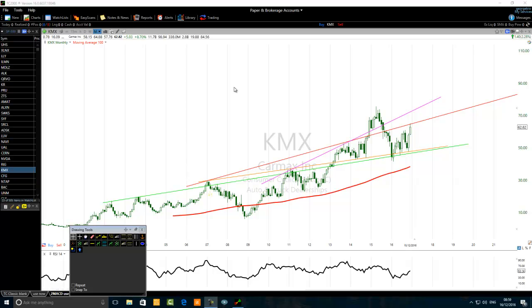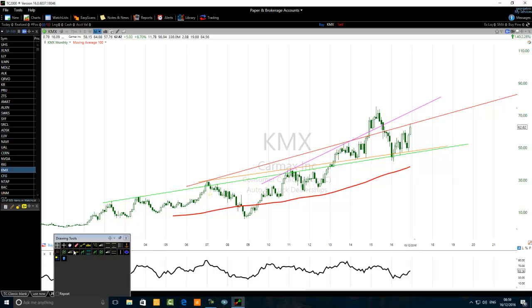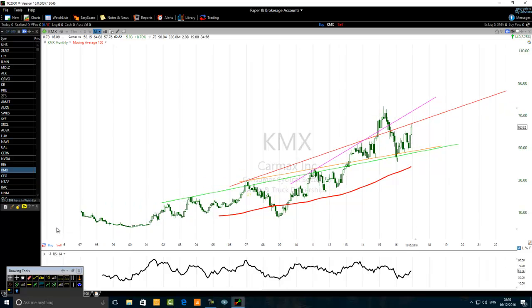So let's go first to the chart. You see here I'm looking at KMX, that's CarMax Incorporated, an American stock on the S&P 500, and I'm on a monthly chart. So you see on this chart here, we have enough data. This is one more thing I need to clarify when we are talking about trading blindly.